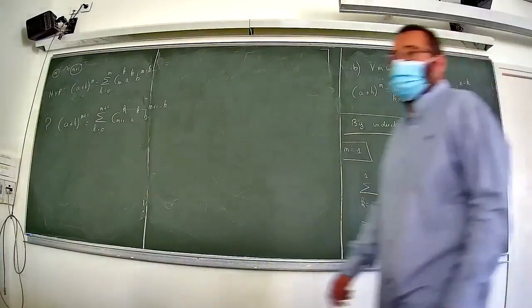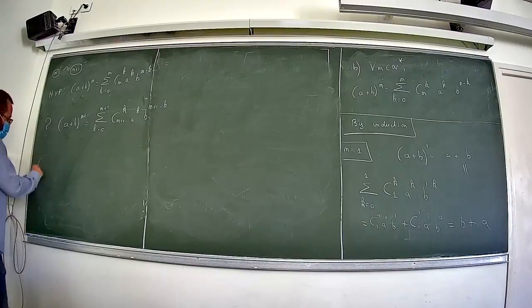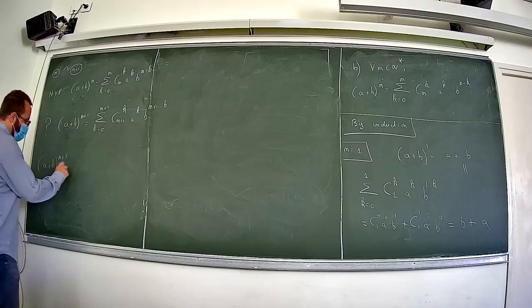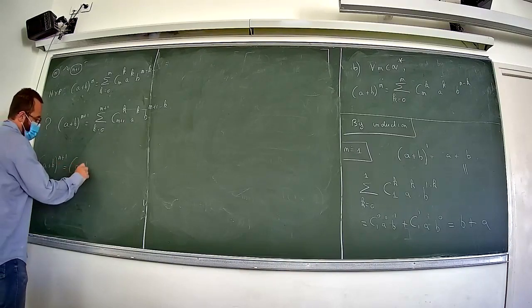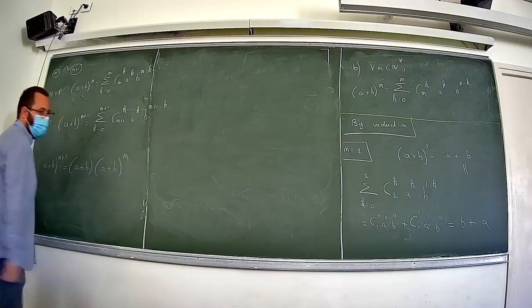A basic relation, that is what we are going to use: (a plus b) to the power n plus 1 is equal to (a plus b) times (a plus b) to the power n.